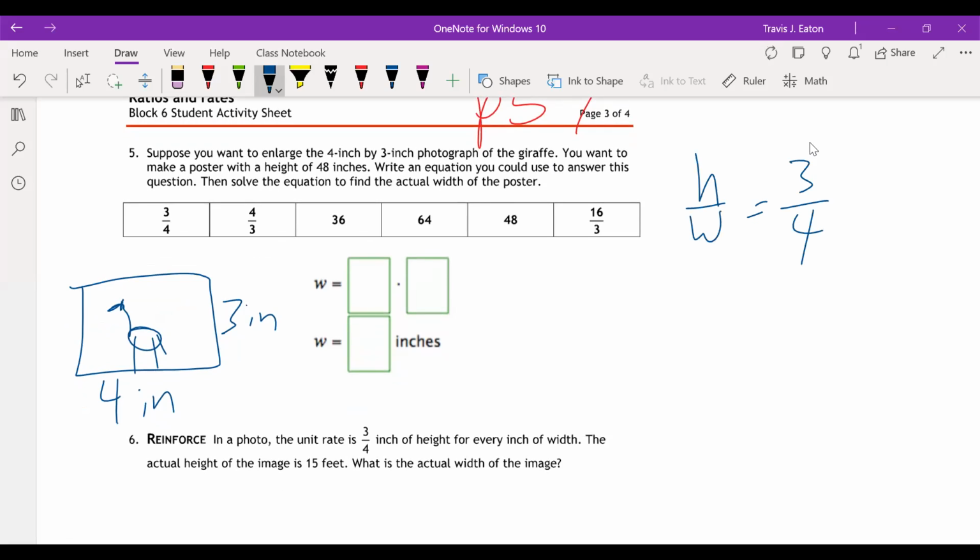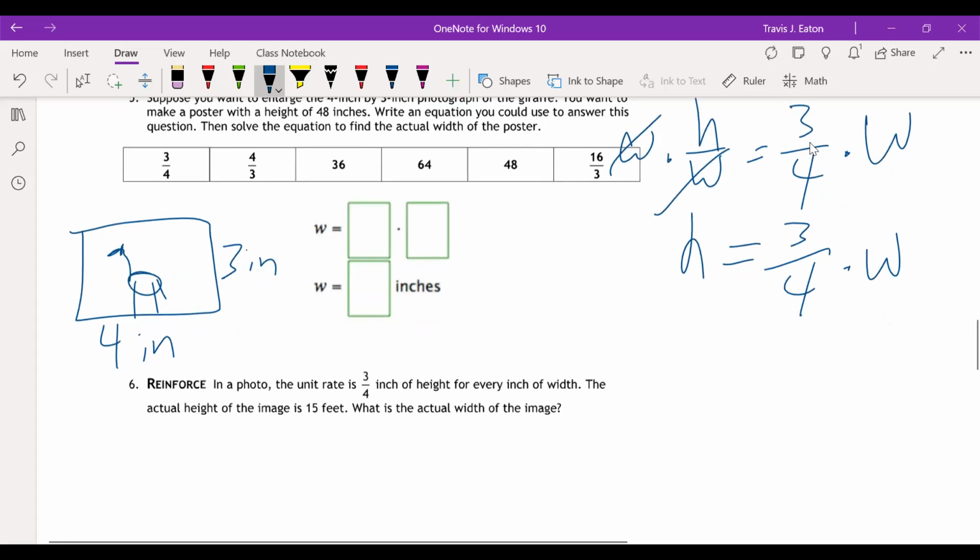If we wanted to find the height, we would multiply both sides by W, and these would cancel each other out, and we would be left with the height being 3/4 times W.